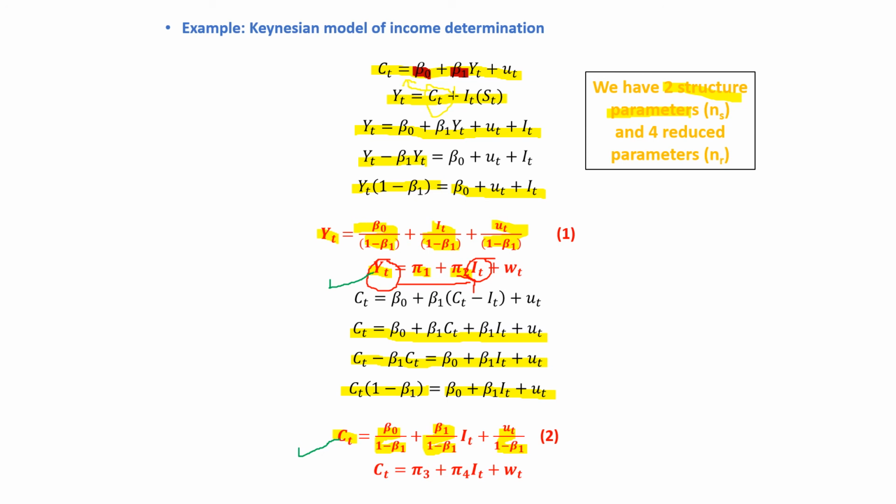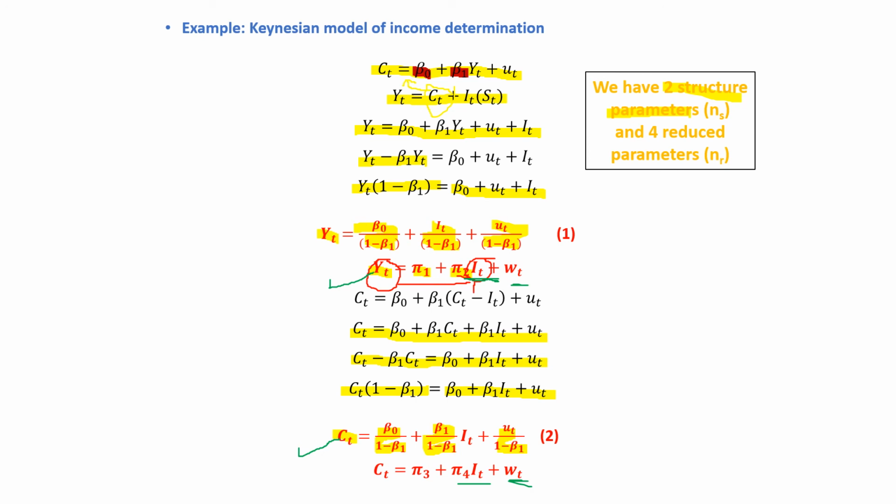Why? Because the endogenous variables y and c are represented in terms of the exogenous variable I and the disturbances only. There is no endogenous variable appearing on the right hand side. There is no endogenous variable appearing as an explanatory variable.